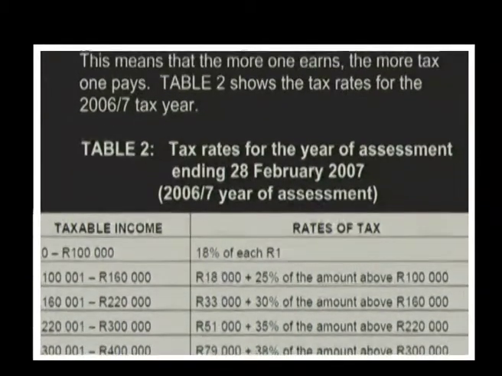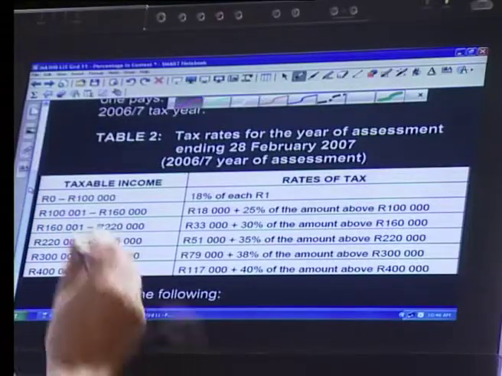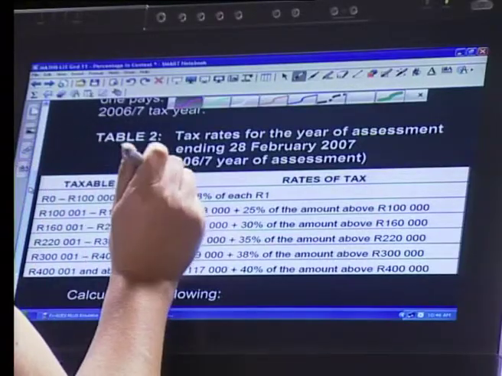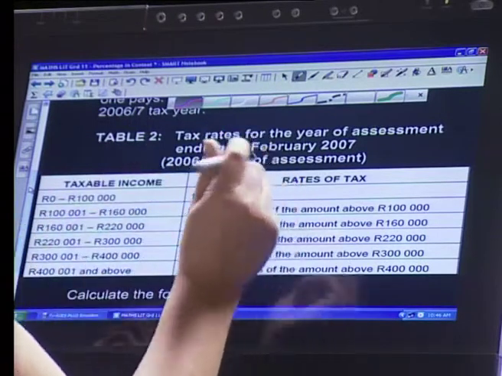This is what they mean by a progressive income table. For the first 100,000 Rand of taxable income that you earn, you pay 18% of each Rand.